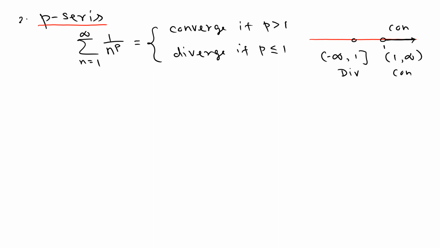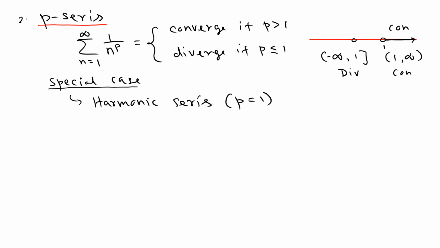And then what are the special cases? There's a very special case. Let's start with the special case, what we call the harmonic series. The harmonic series is when p is equal to 1.